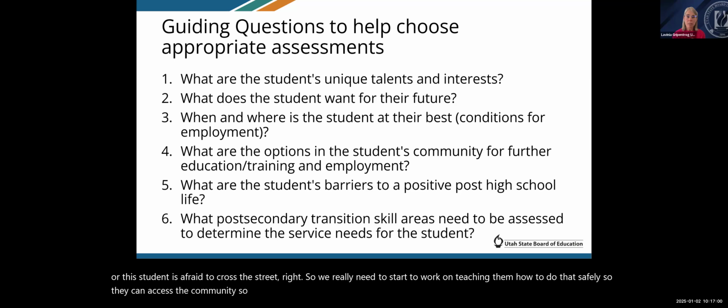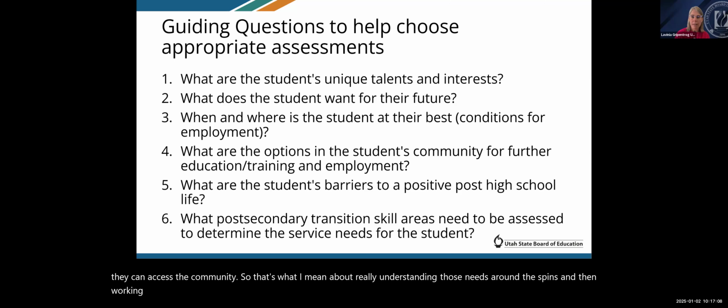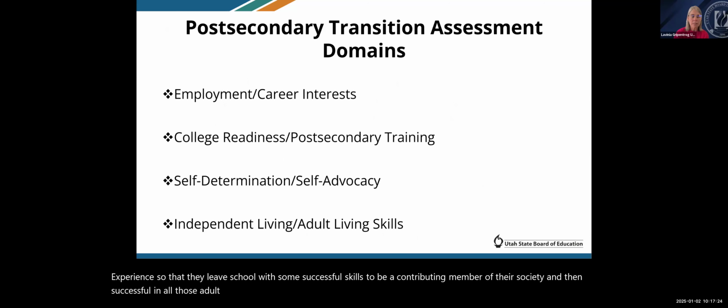So that's what I mean about really understanding those needs, and then working on how we provide them that instruction, practice, and experience so that they leave school with some successful skills to be a contributing member of society, and successful in all those adult type settings. So those are the guiding questions.